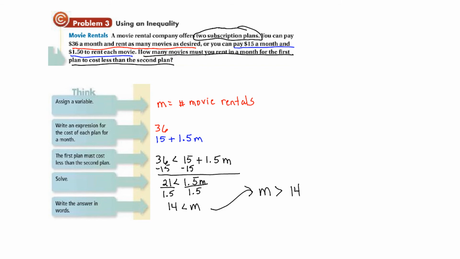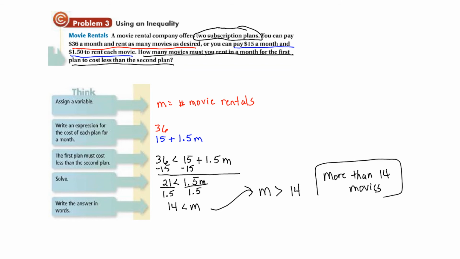So my actual answer here is I must rent more than 14 movies for the first plan to cost less. Other than that, if that's not the case, then my first option would be my better option.